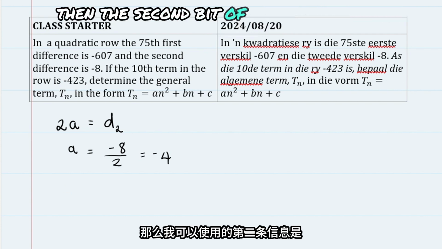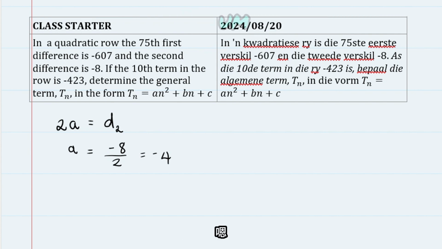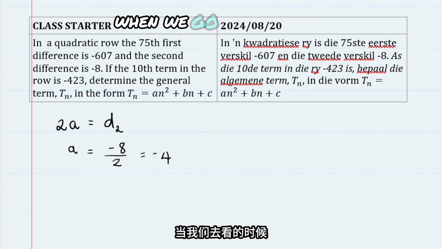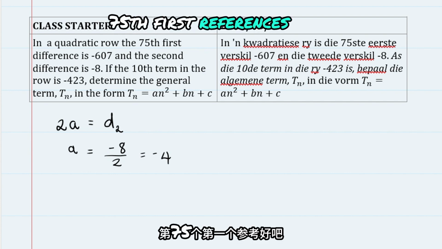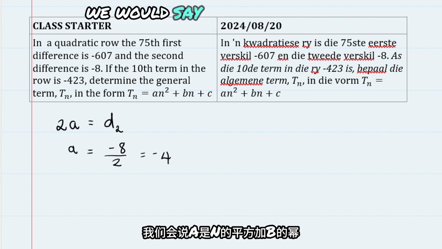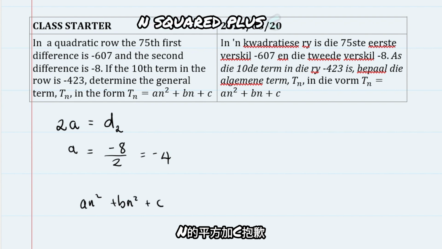Then the second bit of information that I can use is the 75th first difference. Normally we would say the general term is A n squared plus bn plus c.